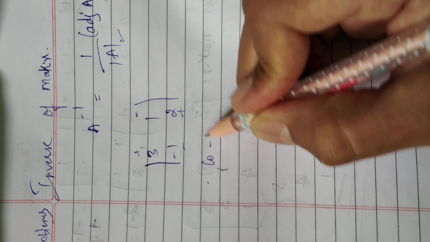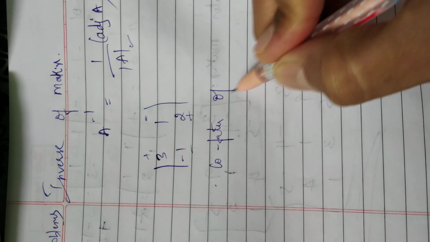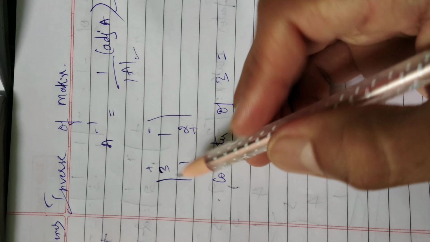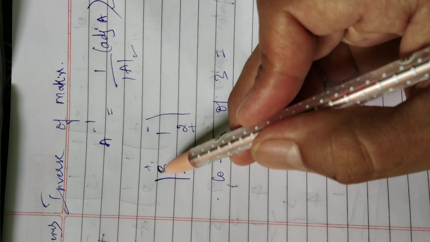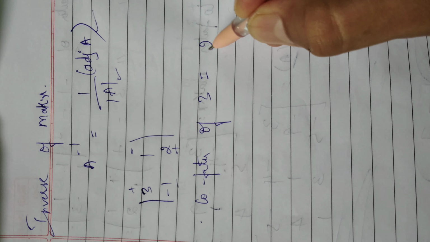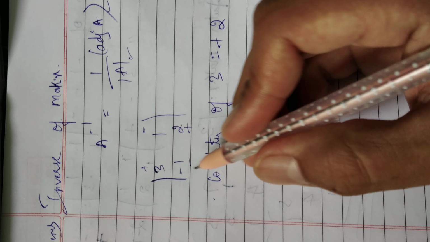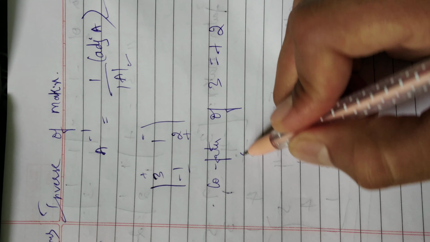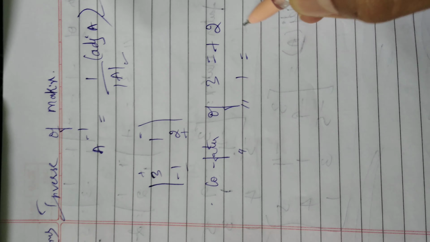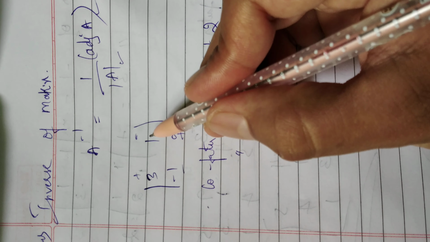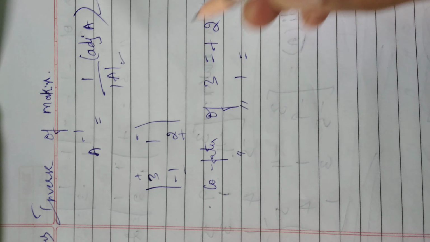Cofactor of 3. What is the cofactor of 3? This row and column go, leaving 2, and the sign is plus, so it will be plus 2. Similarly, the cofactor of 1: if you cancel out its row and column, you are left with minus 1.